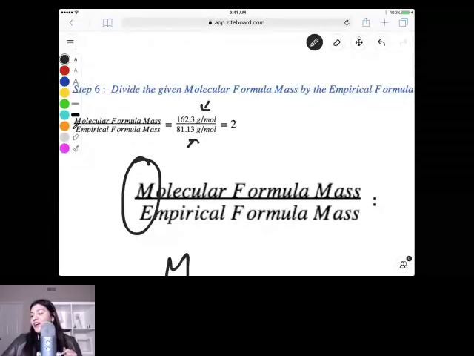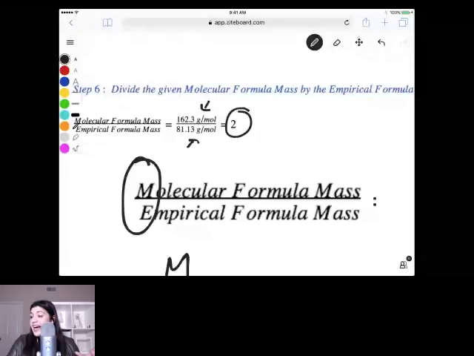Happy to help. So dividing these two, we'll just get 2. It just gives us a whole number. So what we're going to do with this 2 now is multiply every single subscript of our empirical formula. So we divided the molecular formula and the empirical formula's molar masses, okay?